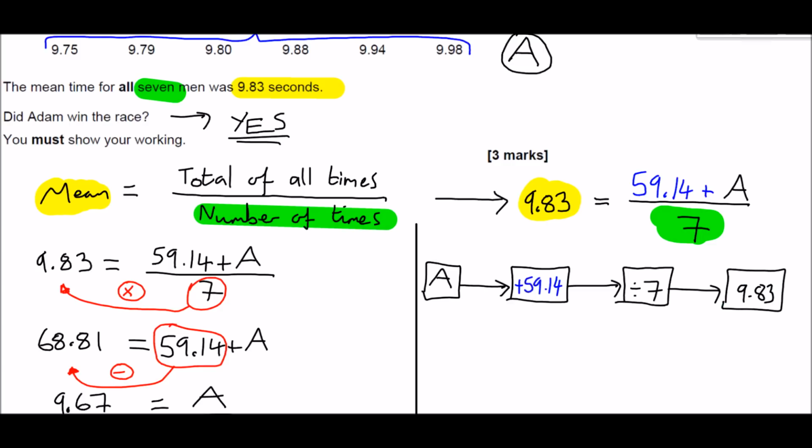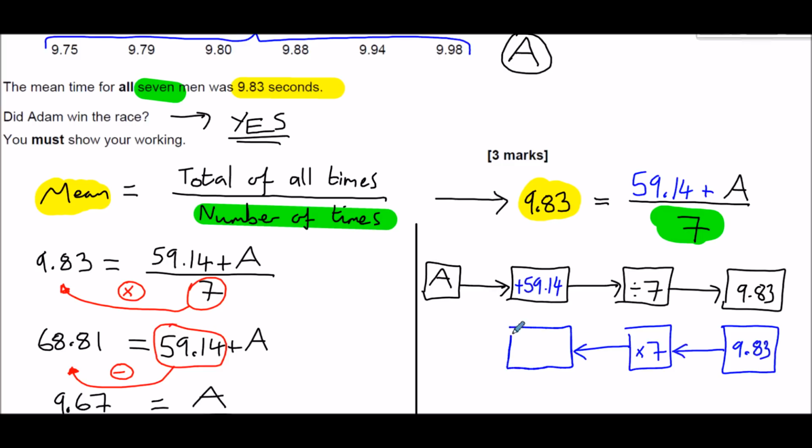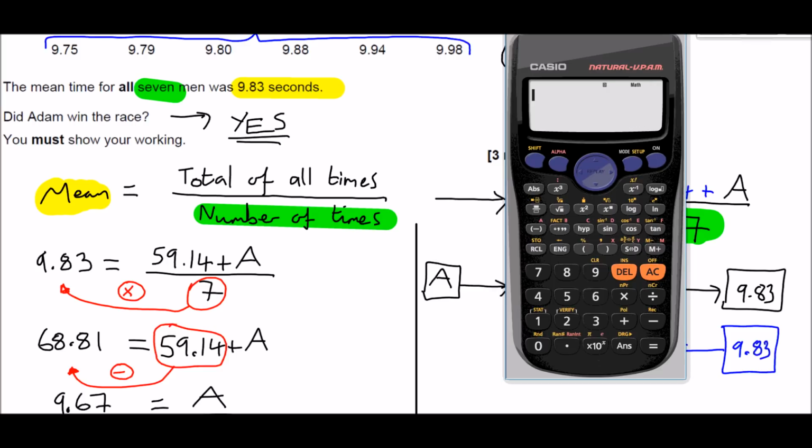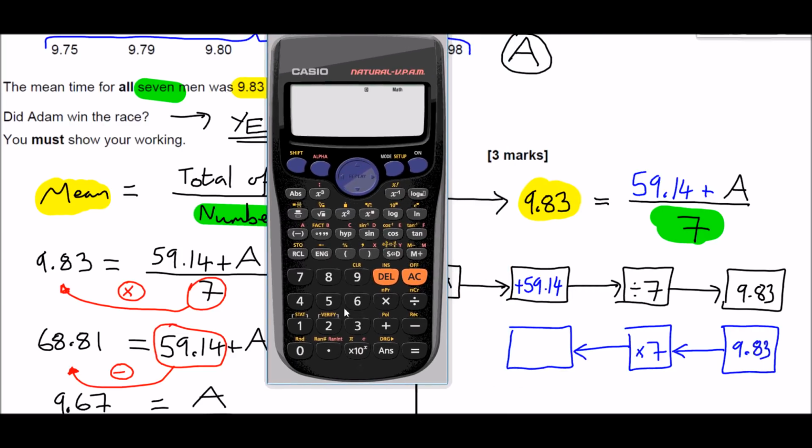Now what we do is we start at the other end and work backwards. So we're going to go the opposite way, and we're going to do the opposite thing each time. If we look above, when we were going from left to right, we divided by 7. Opposite of dividing by 7 is to multiply by 7. So 9.83 times 7 would be 68.81.